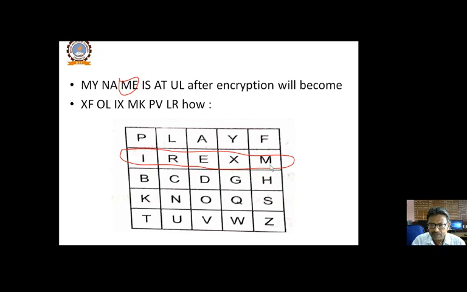So M will be replaced by the next character. Now there is no next character after M, so we will wrap it around. So M will be replaced by I by wrapping it, and E will be replaced by X. So that is why M has been replaced by I and E by X. See.